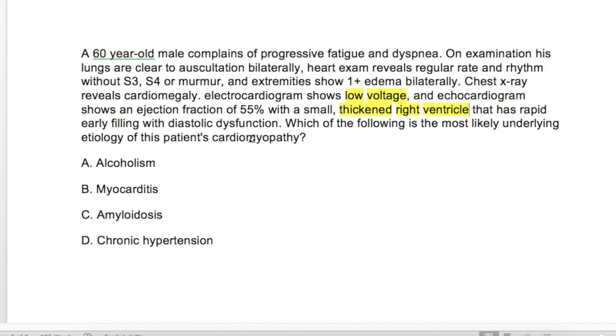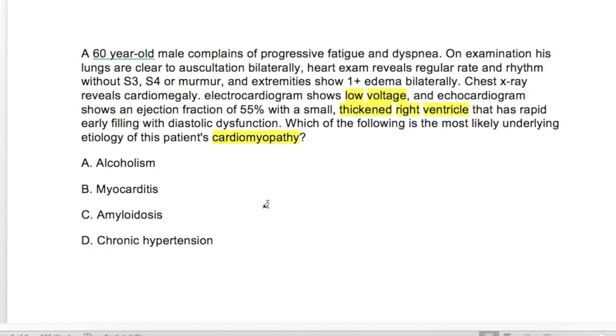Okay, so they are telling you that this patient does have a cardiomyopathy, as this patient really, based off of this clinical presentation, does not necessarily jump out at you that it's a cardiomyopathy, but they tell you in the question. So we know that alcoholism and myocarditis are associated with cardiomyopathies that will cause a dilation primarily of the left ventricle, not the case here.